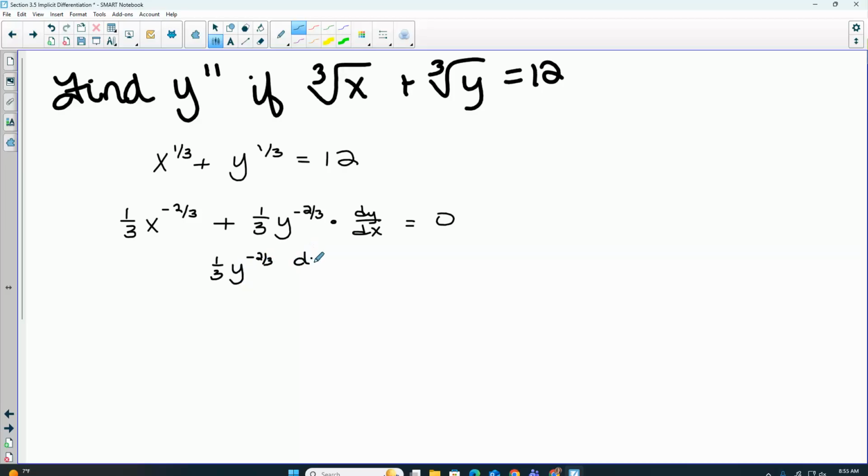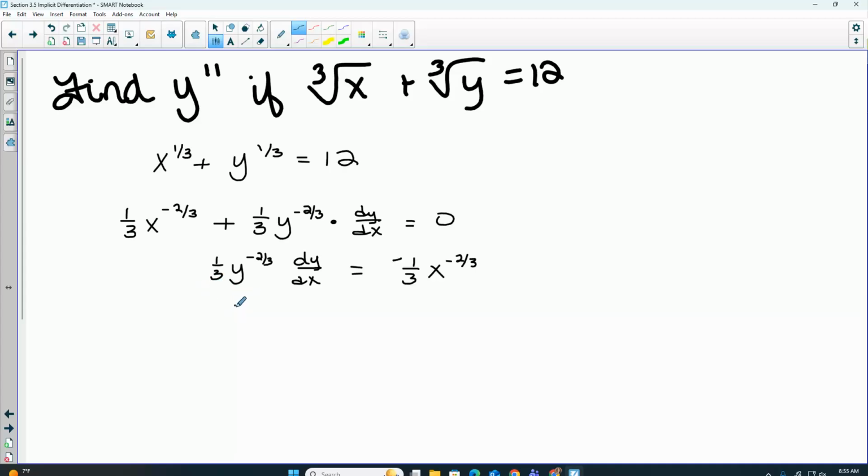Strongly recommend, if you're going to have to do a second derivative, clean the first one up as much as you can. What would you want to do now? Divided by 1/3 divided by -2/3.